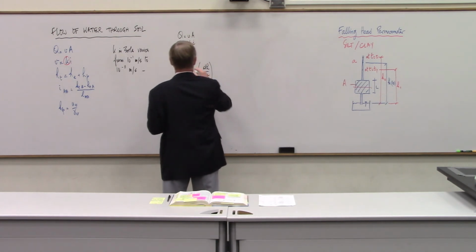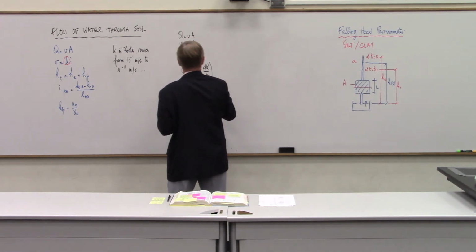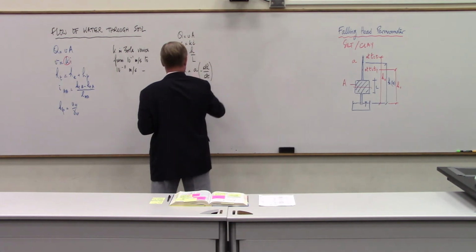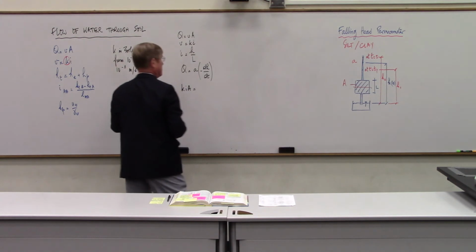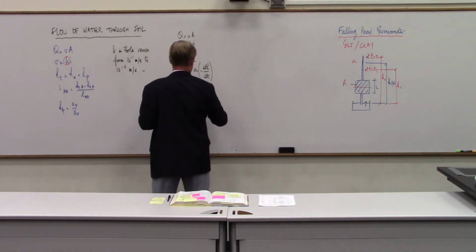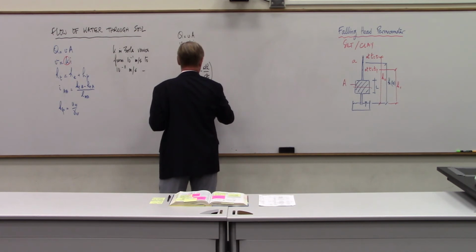So if I regroup these equations, then I get VA, which is KIA. So I've got KIA, big A, because that's the soil area, equal minus A dH dt.